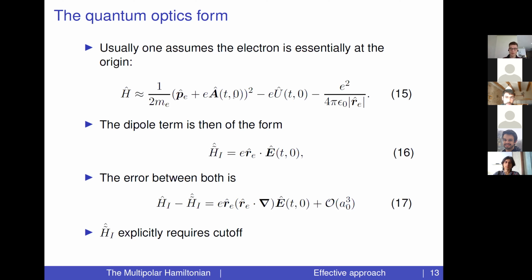That is where our proton resides, and therefore we can approximate the field to be evaluated at the center of mass of the atom. And then we can derive this new Hamiltonian after a simplified gauge transformation, and this is what is usually done in quantum optics.